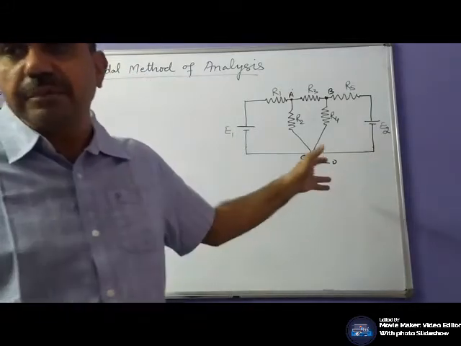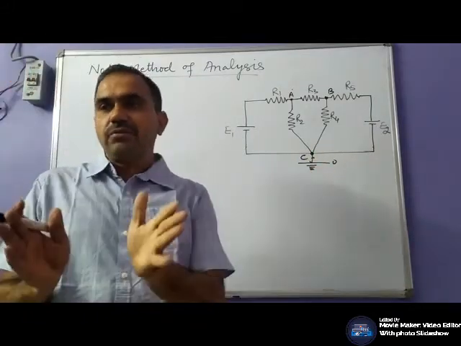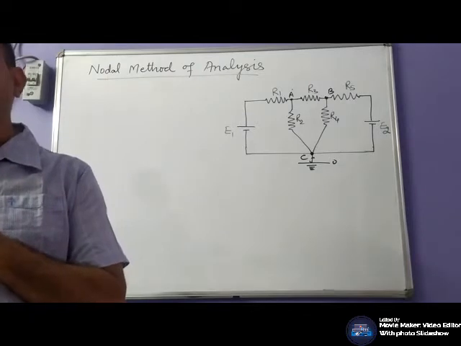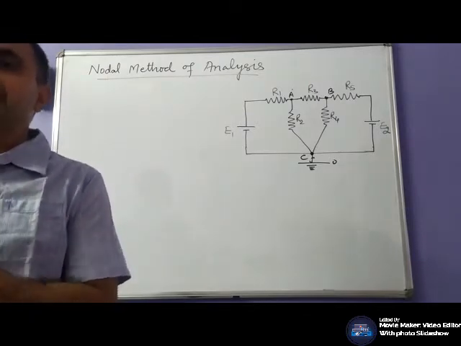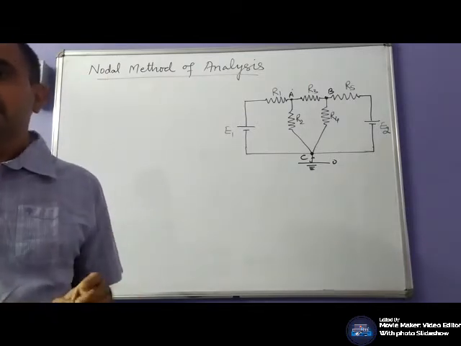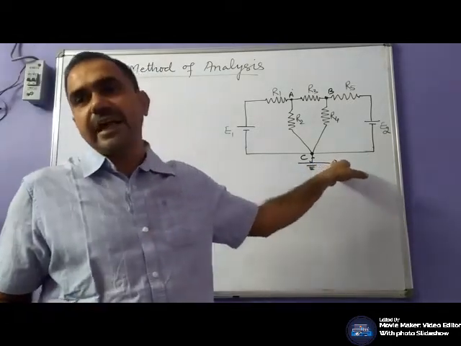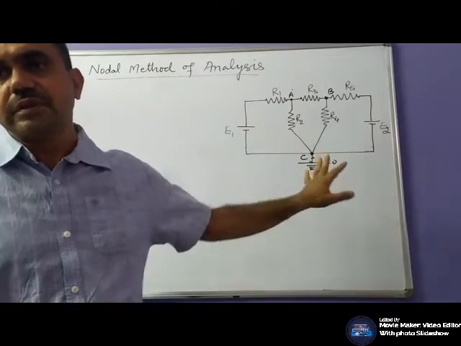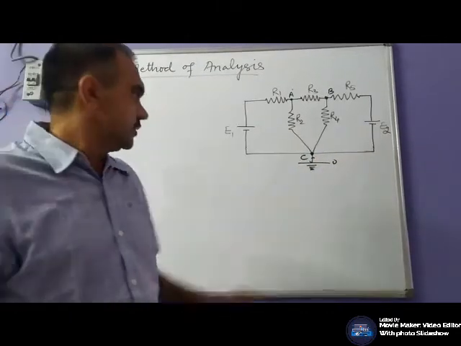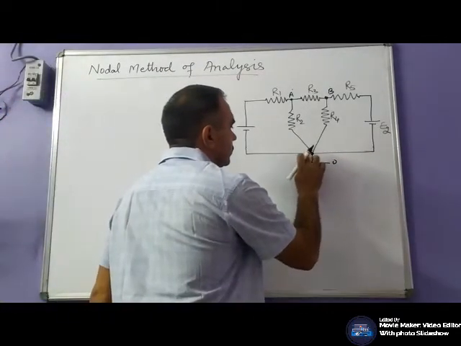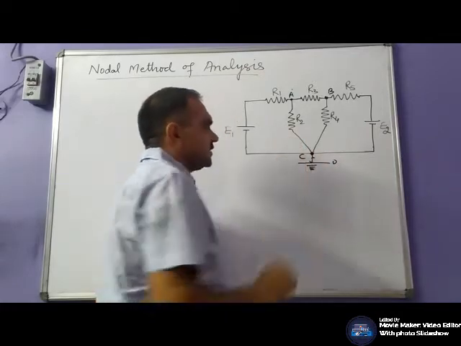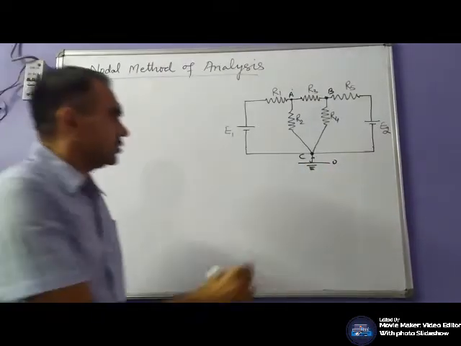Just like we make a ground symbol, one node among these will be the reference node, which would have 0 potential. The potential of that node is to be considered as 0. Right? So this C is considered as the reference node.